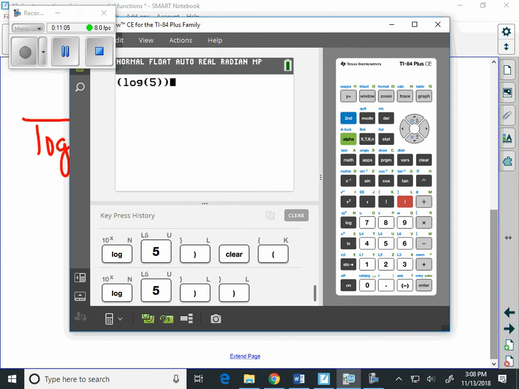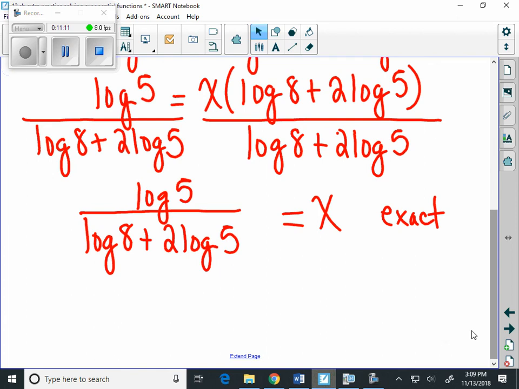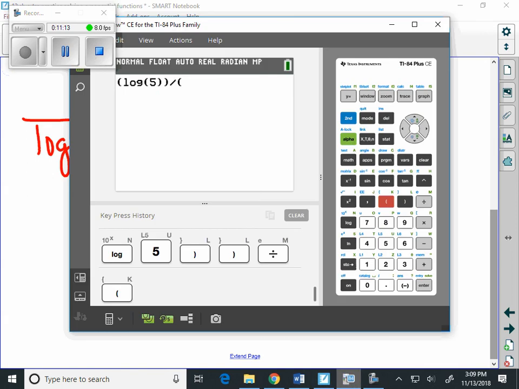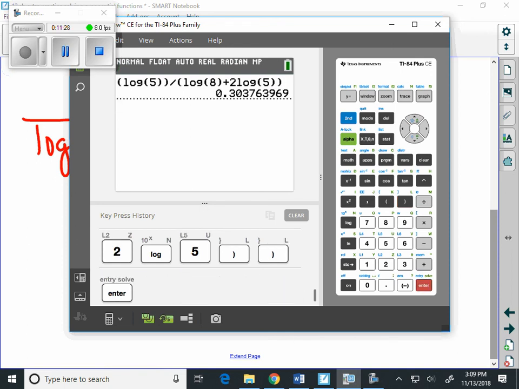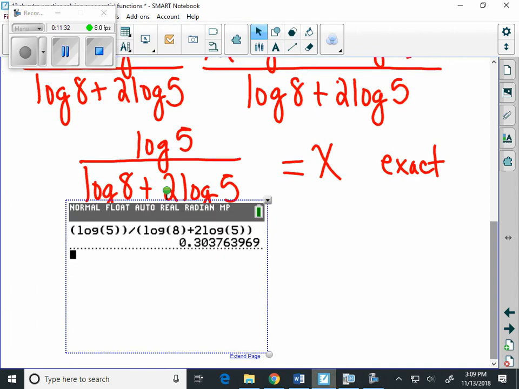Close parentheses. Divided by parentheses. And then we have our log of 8. Close the parentheses. Plus 2 log of 5. Close the parentheses for the 5 and then close it for the entire denominator. And when we finish, we have that value here, which is going to give us our approximate value.